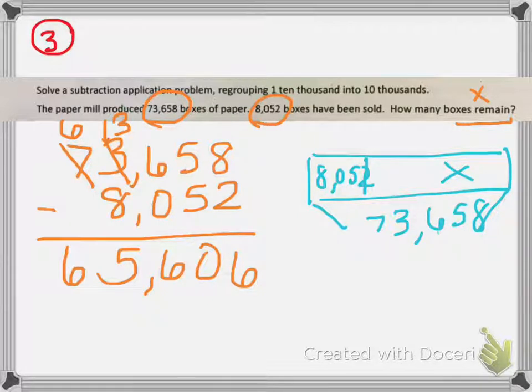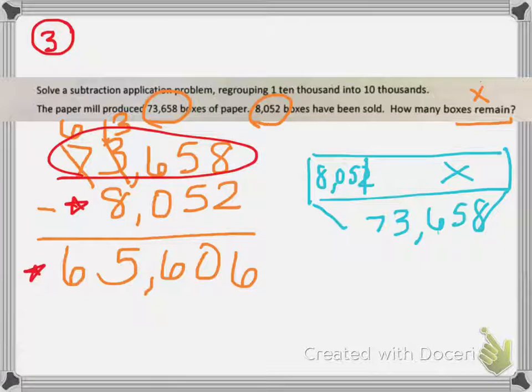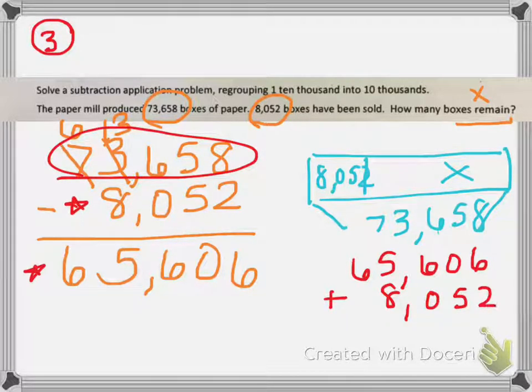All right, we came up with our missing part. How can we make sure that we did it correctly? Yes, we do our check. We're going to add these two numbers together to see if we come up with our whole. So we're going to do our check over here under the tape diagram. 65,606 plus, remember to line up our place value, 8,052.